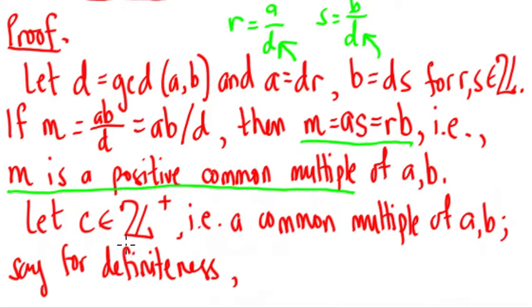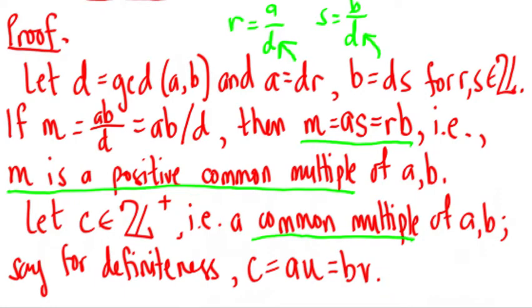Here, we stated directly that C is a positive common multiple of A and B. So by that, it should have some sort of equation also. So we have C is equal to AU equals BV.